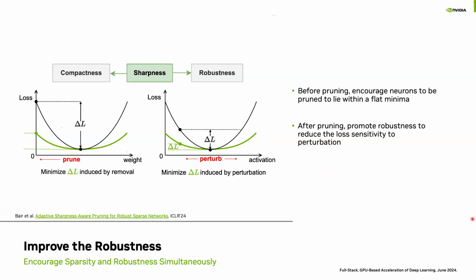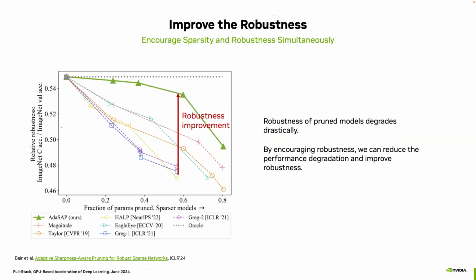So this is how we do the joint compactness and robustness encouragement. And this approach is proven to be effective in our experiment. As you can see, without encouraging the robustness, the model obtained by the general pruning will quickly reduce the accuracy on the corrupted data. But if we do the robust pruning, then the robustness of the model is greatly increased.